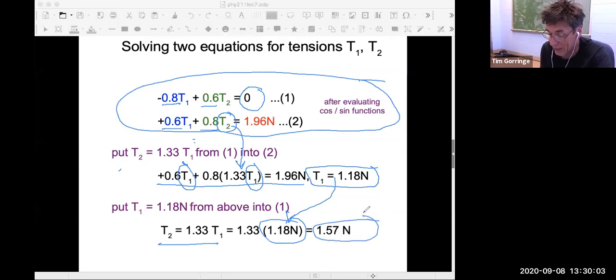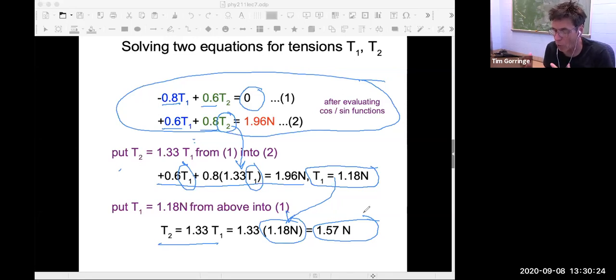And that's exactly what we saw in my magical movie. We saw that the tension in the cable with the larger angle, the 53 degrees, was bigger.